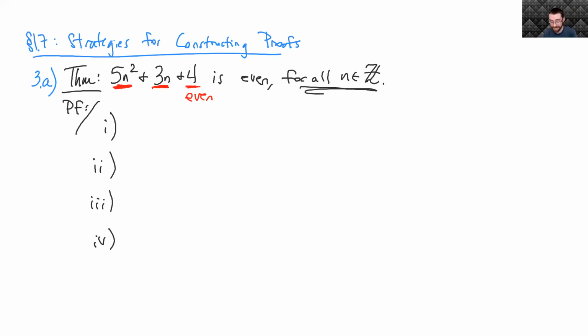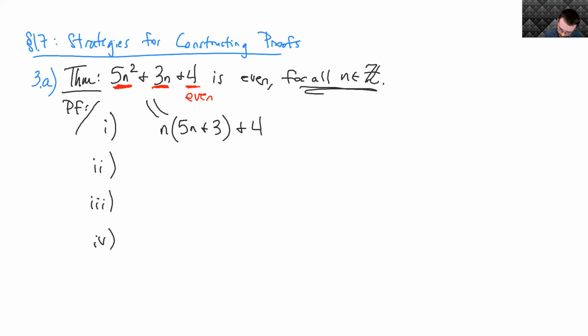You could do a proof by cases if you wanted to, so a proof by exhaustion. Or maybe we could simplify this thing a little. I don't know if this will help, but maybe I'll pull an n out of the first two terms. So I could write that expression as n times (5n plus 3) plus 4.